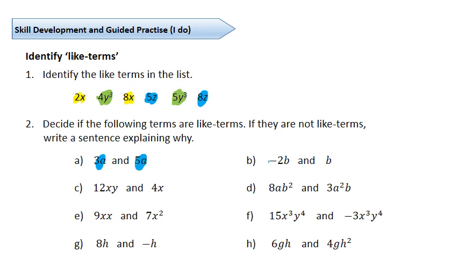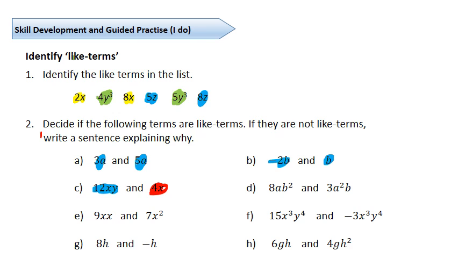The next one, negative 2b and b, they've got the same variable of b. Now with c, we've got 12x, but it's also joined with a y, so that's 12xy, that's one term by itself. And the next one is 4x. So those aren't like because they've got different variables.